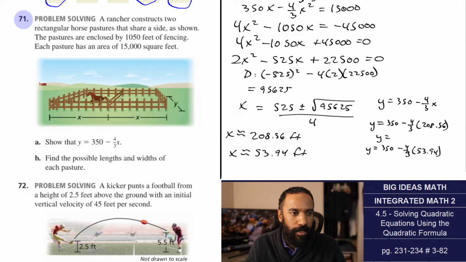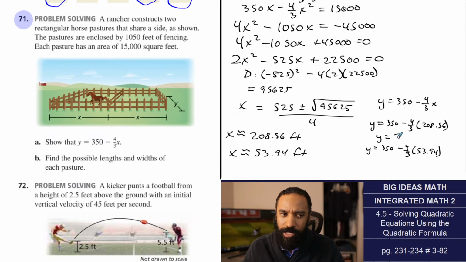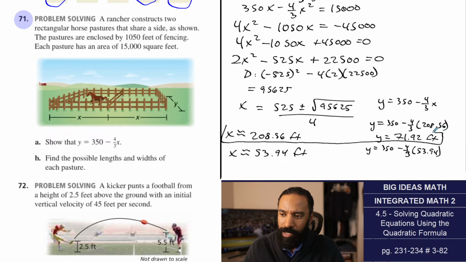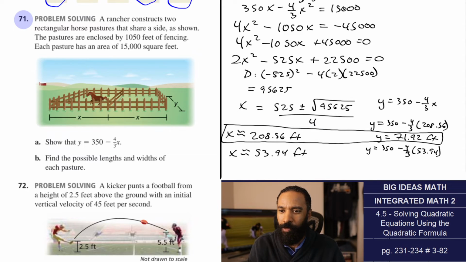350 minus 4/3 of 208.56. So 71.92 feet. So here's one of the sets like that. Sorry, I'm really crushed for room on this thing, the way that I want to write this. And then the other one, I'm out of the binder paper space. Let's get the other one out of here.